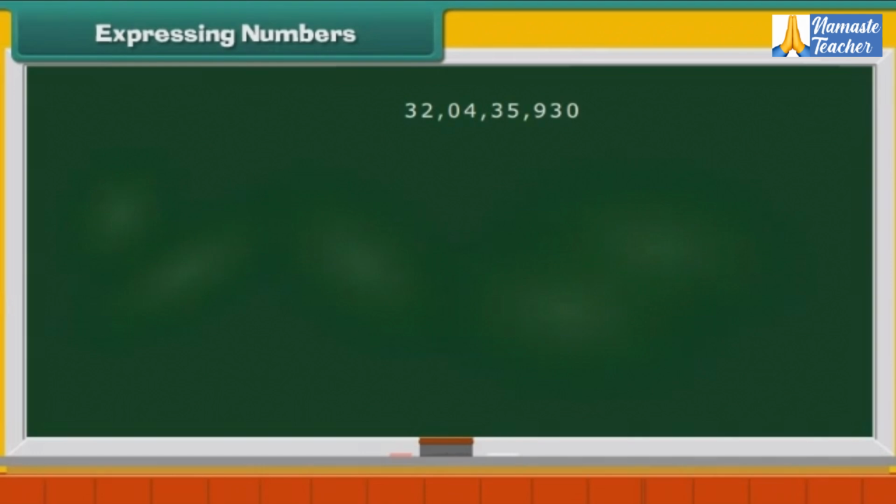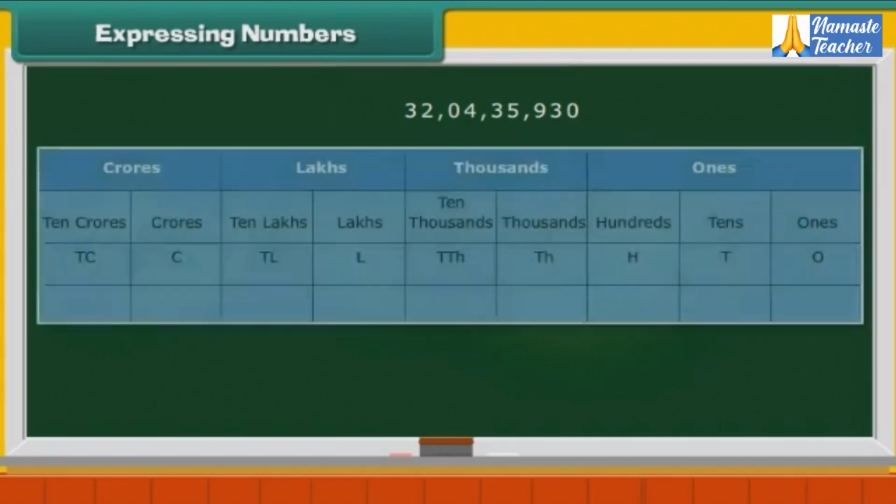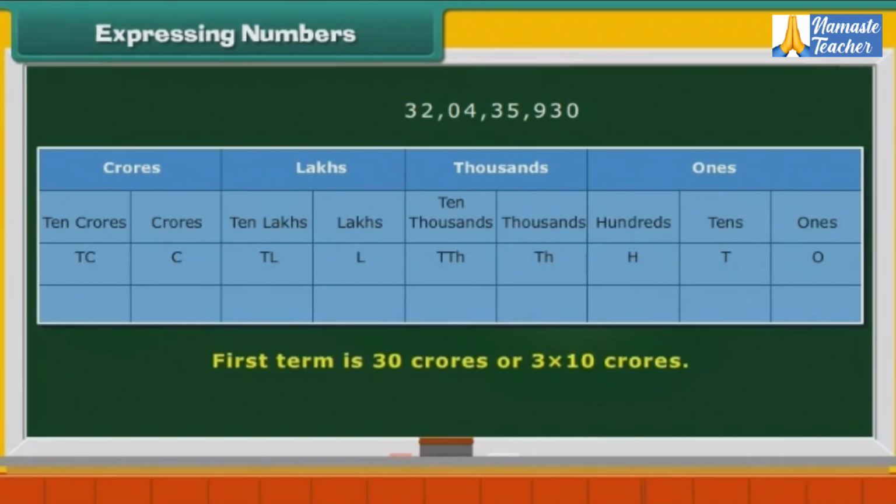Let us express the number in standard form. The number belongs to the Indian system of numeration. Therefore, draw the Indian place value chart. Let us look at the terms one by one. First term is 30 crores or 3 multiplied by 10 crores. Place 3 under TC.